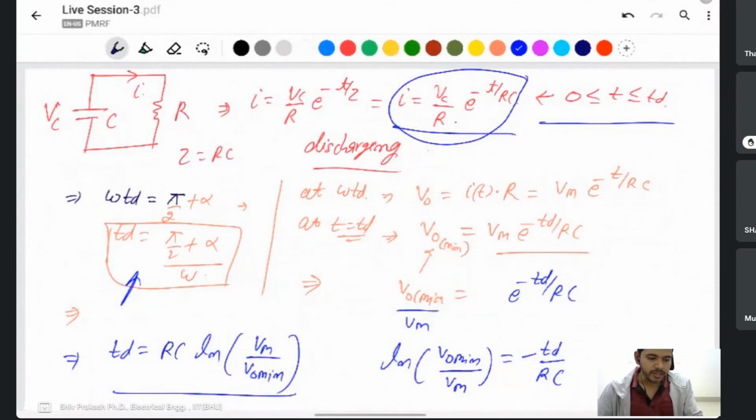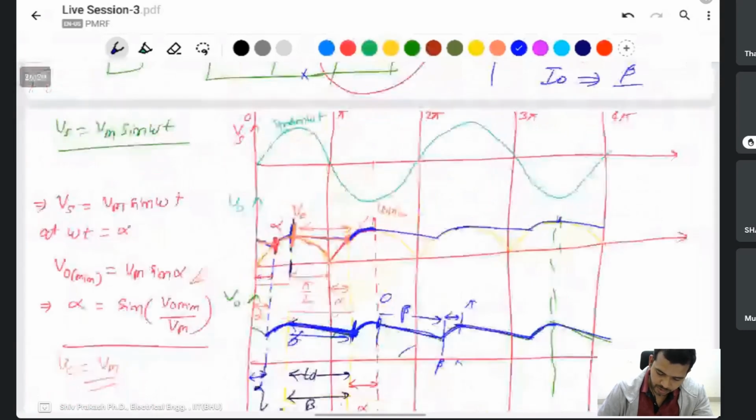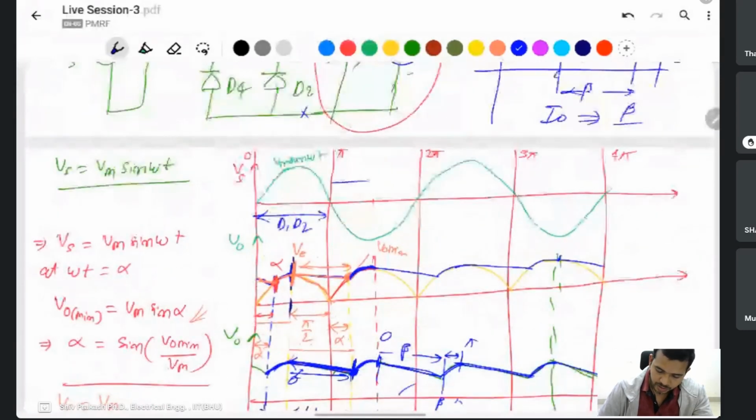And the diode current? When a diode is present, in one diode, this one is D1, D2, this one D3, D4.